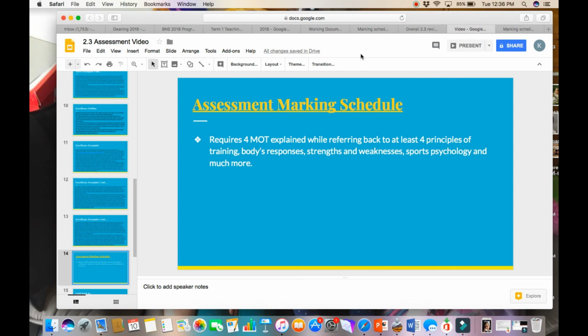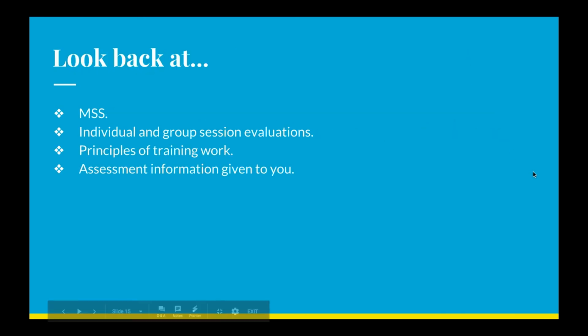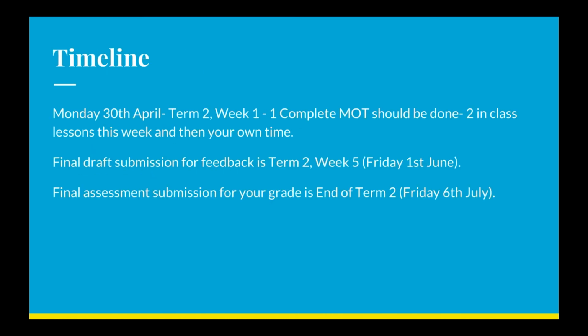It requires 4 methods of training to be discussed, and you have to refer to at least 4 different principles of training as well. So make sure we go back, we look at my study series, we look at our individual and group training session reflections, we look at our principles of training work and how it relates to our sport, and look at all the assessment information given to you.